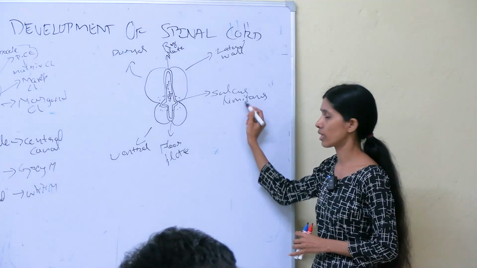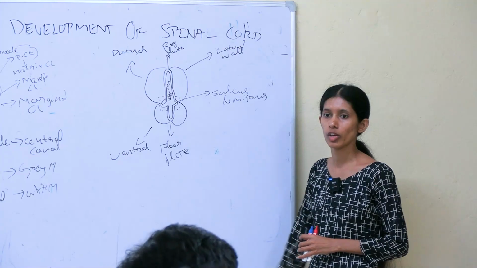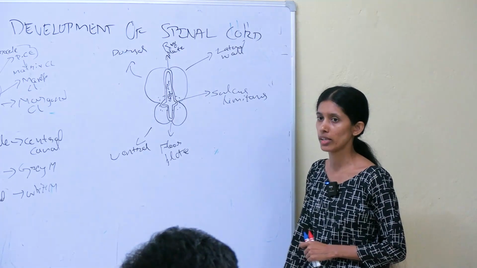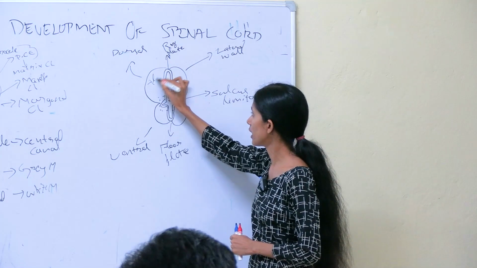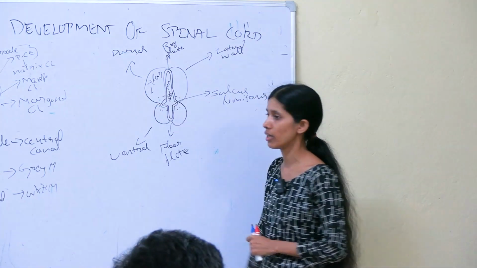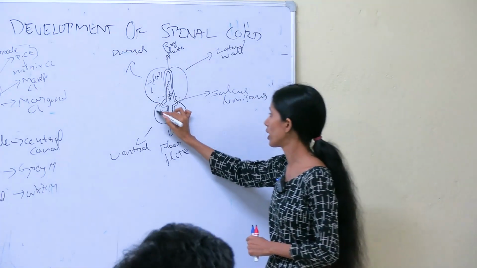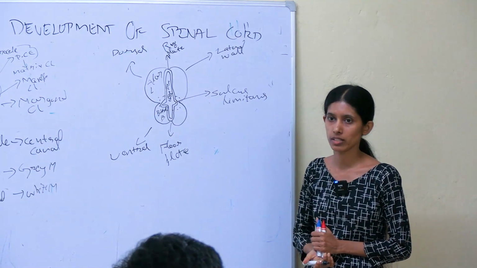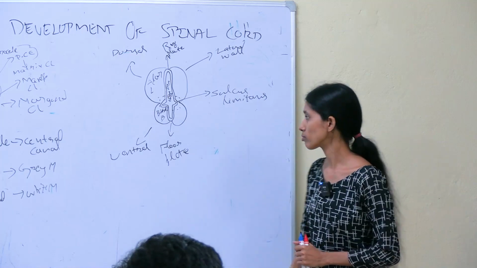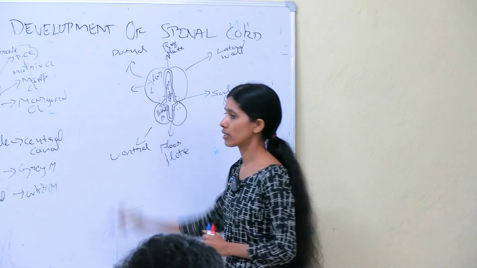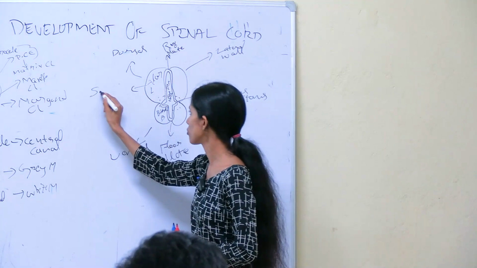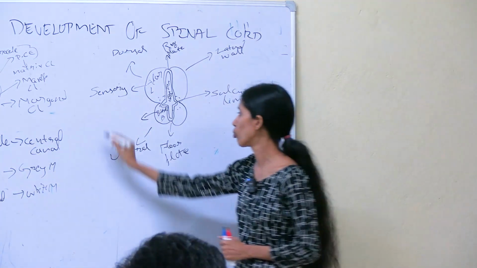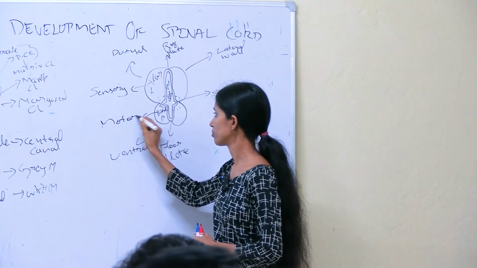Okay, so your sulcus limitans divides the lateral wall into dorsal part and ventral part. The dorsal part is called the alar lamina, and the ventral part is called the basal lamina. Your alar lamina is sensory in function, and your basal lamina is motor in function.